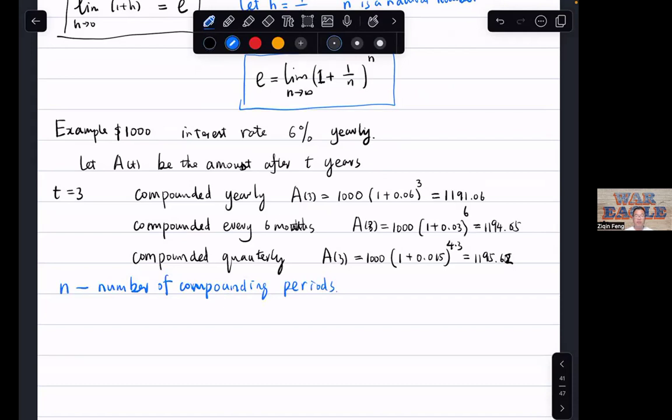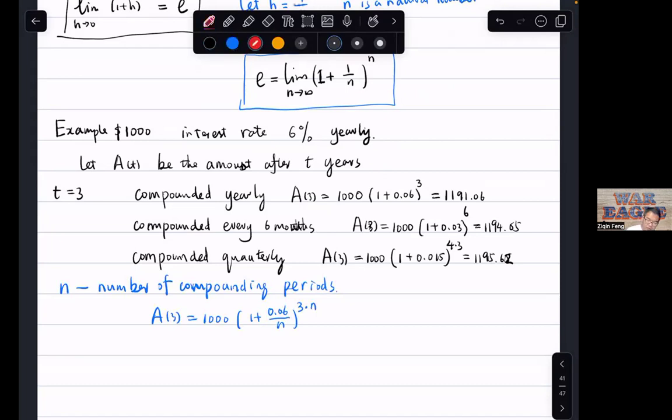Every 3 months, quarterly, n is 4, right? Or daily, n is 365. So in this case, by our formula, A3 should equal 1000 times 1 plus 0.06 divided by n, then to the power 3 times n, right? Every year you get interest n many times. Interest compounded n many times.